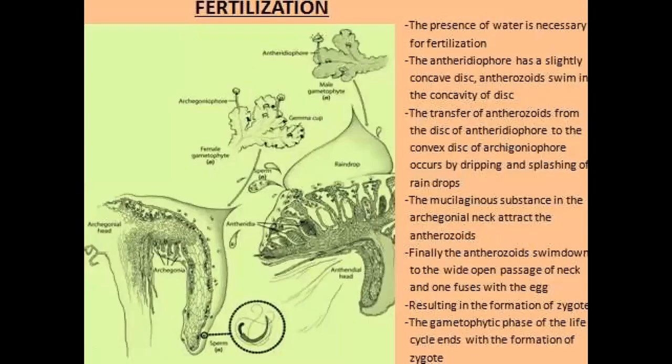So when we go for fertilization here, from the male thallus, and that too from the antheridiophore or the antheridia, the antherozoids, the male gametes, are released into the environment.